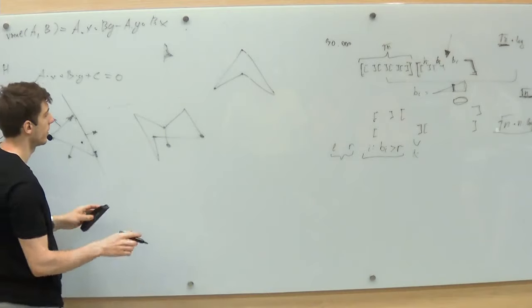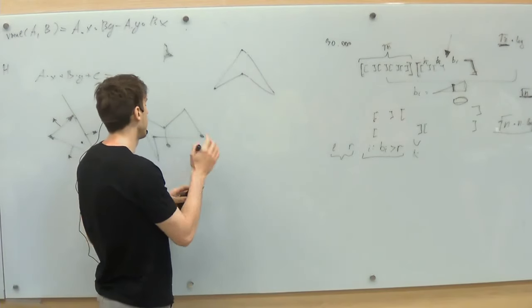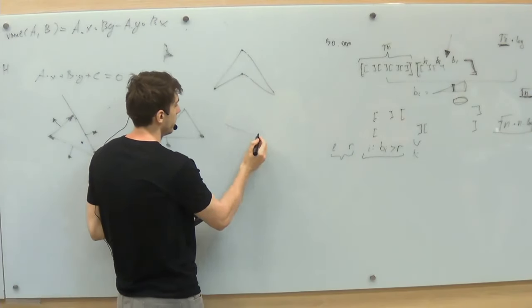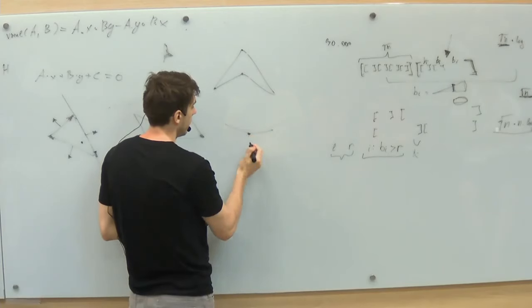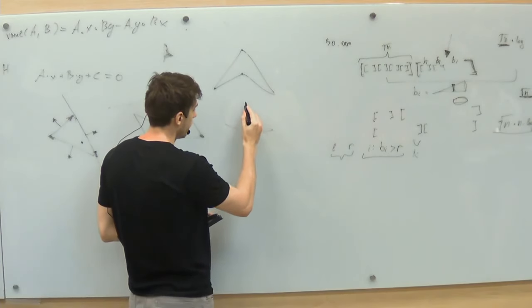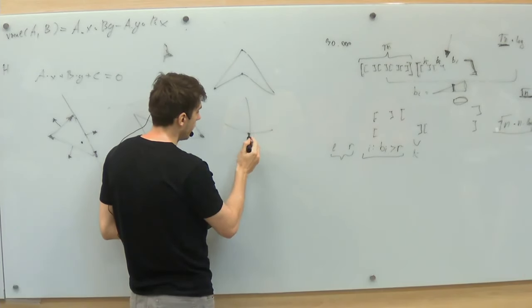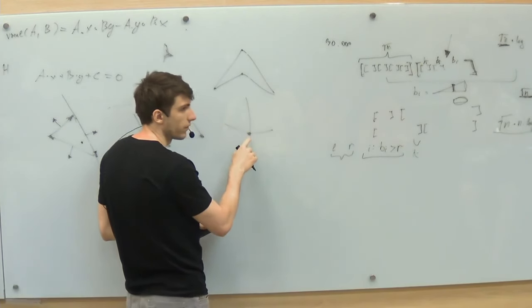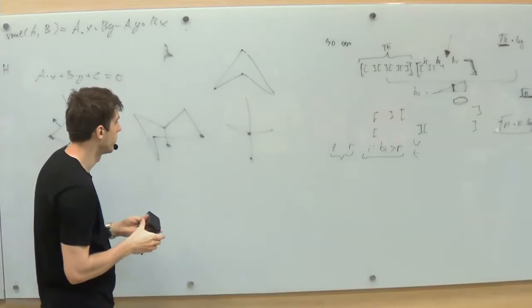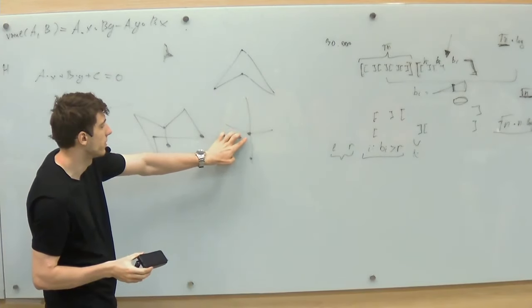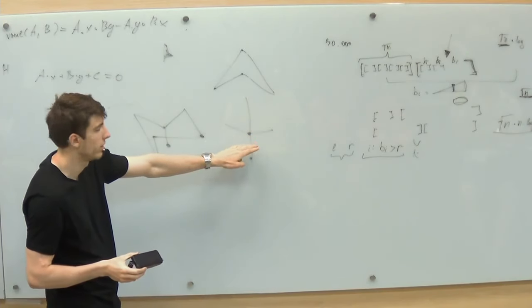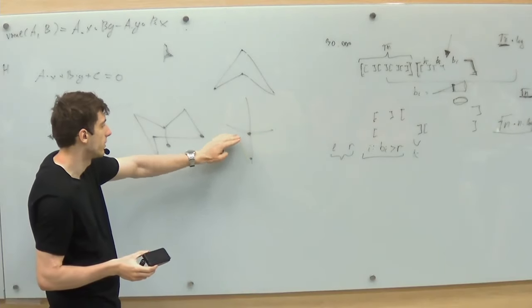And one small case: how do you consider the case when the intersection just matches some vertex of the polygon? We do not want to count this intersection twice, because clearly we intersect the boundary only once.